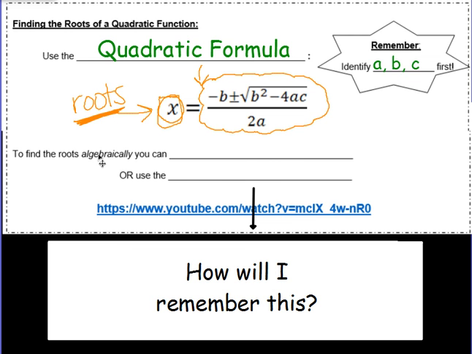So to find the roots algebraically, the last few days we have been factoring, or today you are going to use the method of using the quadratic formula, which is this equation right here. Okay?